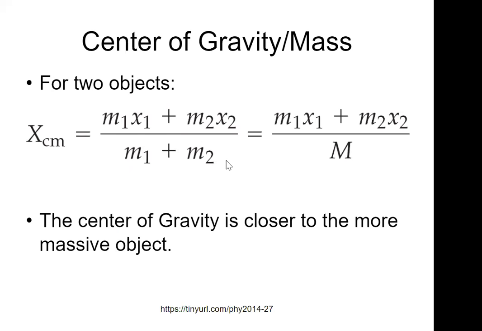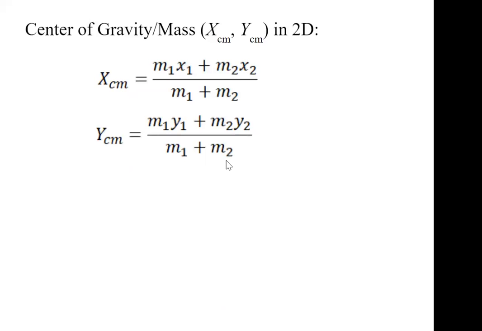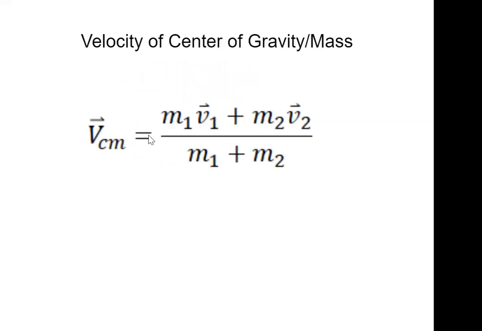You can expand this into two dimensions, so the center of mass will have an x coordinate and a y coordinate. Similarly for y, you just replace x with y to calculate this. I believe you will get a problem in the homework assignment that is calculating the center of mass in two dimensions, so basically you'll use these two equations.